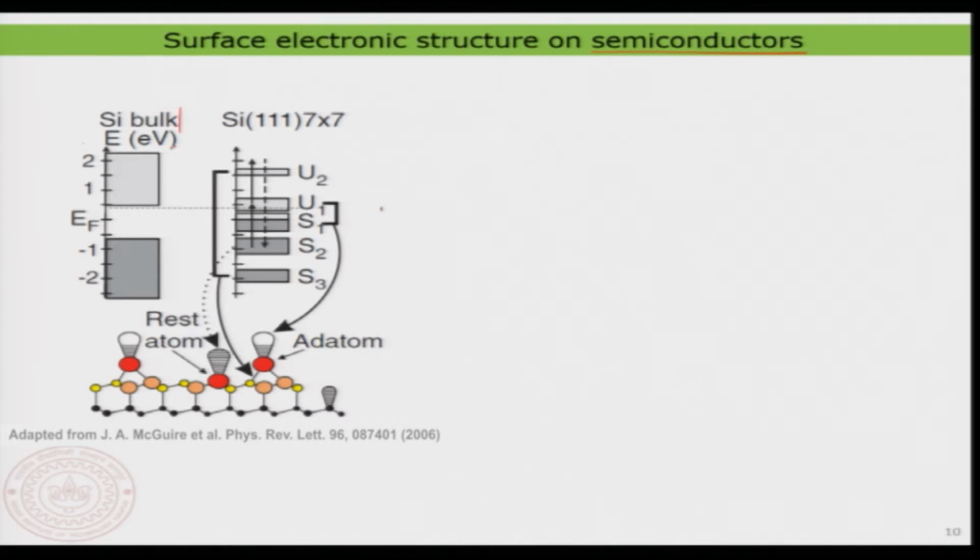We have here the silicon bulk expectation, but the interesting thing is that the silicon 111 undergoes a reconstruction, and therefore you expect these kinds of surface states. The S1, S2 are surface states that are near the valence band, and U1, U2 are surface states that are near the conduction band.